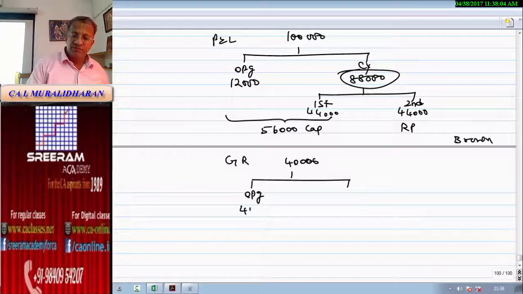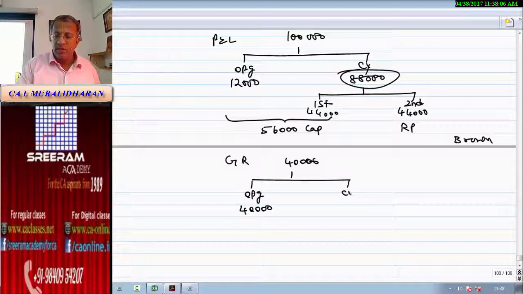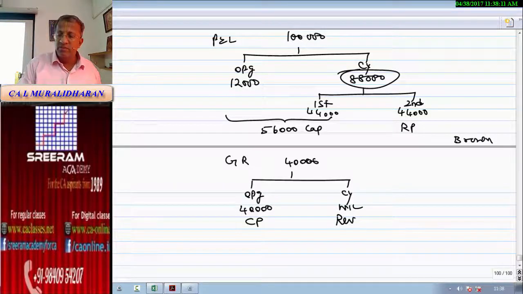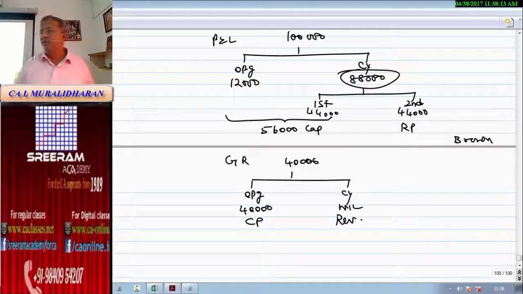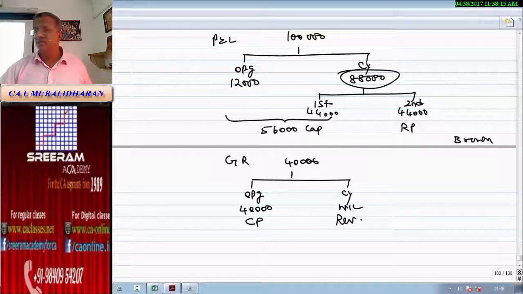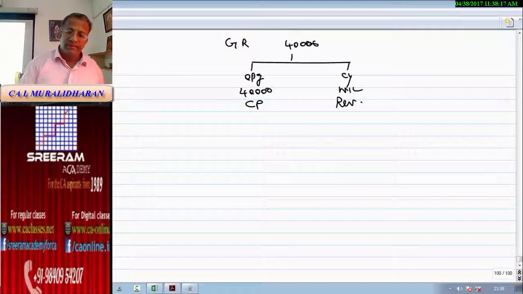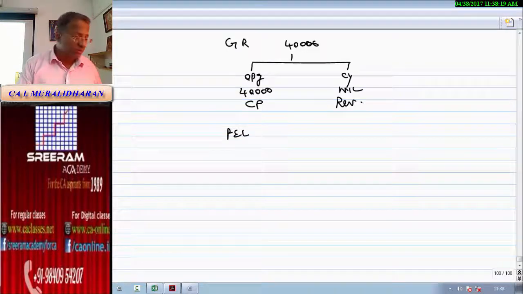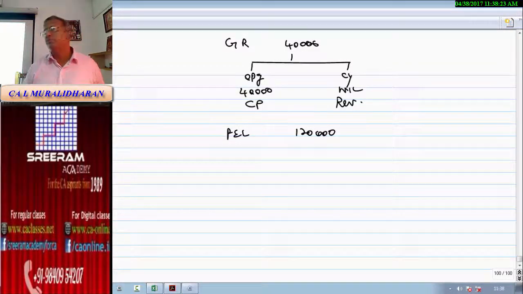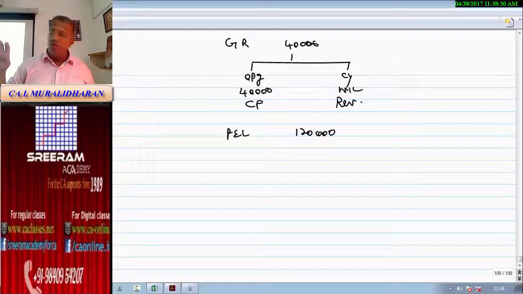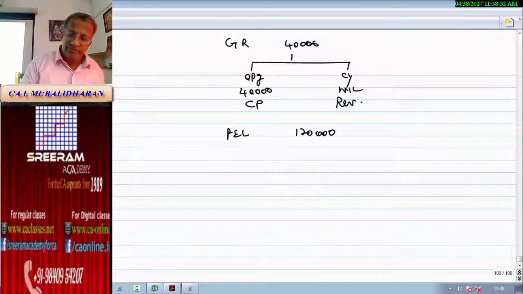Opening figure 40,000, current year should be nil, this being capital profit, this being revenue. Nil is revenue, there is no need to divide that into first and second. Then profit and loss account of 1,20,000. Here is a place where we will be doing it in a sharper way, as in how we have just done angle, bolt and canopy.